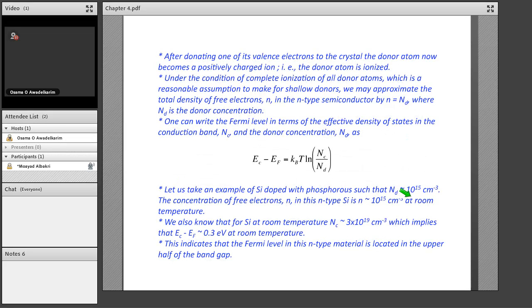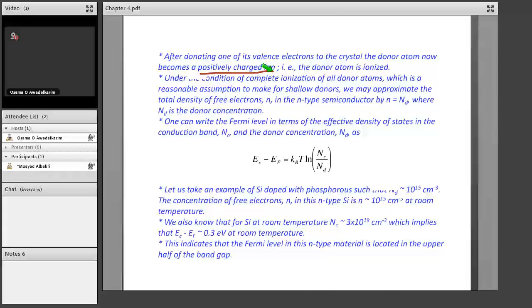Now, here again, after donating one of its valence electrons to the crystal, the donor atom becomes positively charged. So the phosphorus, arsenic, or antimony atom gives away its electron, and therefore the remaining protons are more than the number of electrons in the atom, and the atom becomes positively charged.